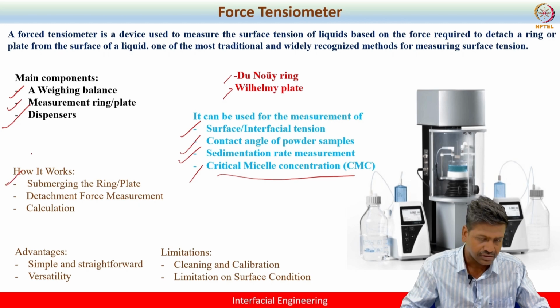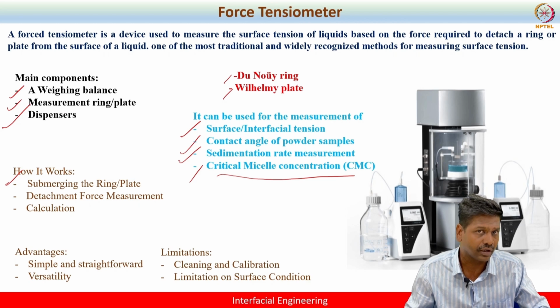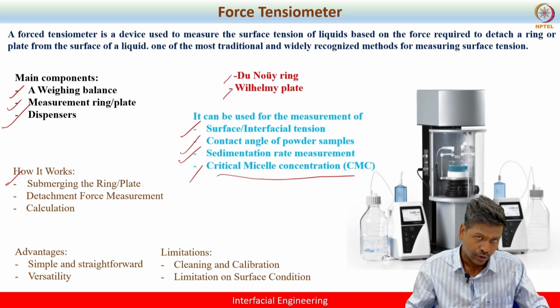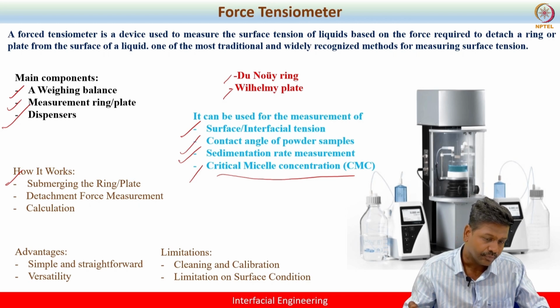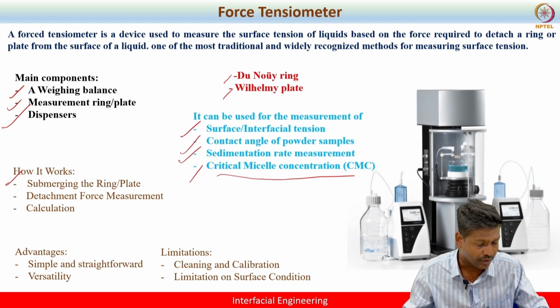How it works: we have already seen the working principle of the Wilhelmy plate method. Basically you have a plate or ring, and you place this plate or ring at the surface of the liquid of your interest.